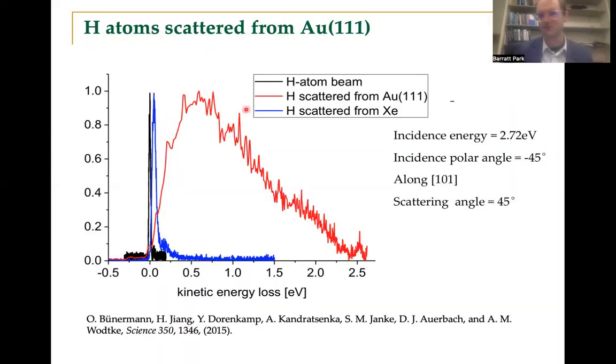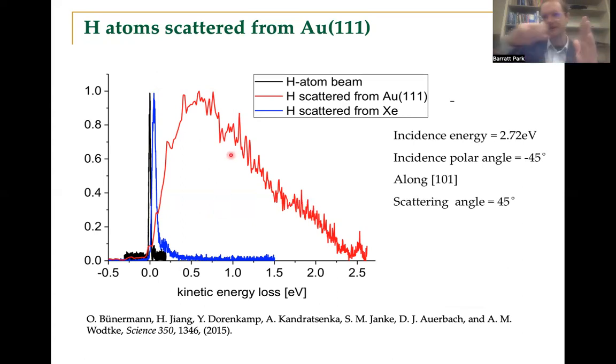And so, in fact, what's taking place is the hydrogen atoms are able to couple to the electronic degrees of freedom of the metal surface. And as the hydrogen atom collides with the metal surface, via non-adiabatic dynamics, it's able to transfer part of its kinetic energy to the surface by exciting electrons from the surface into excited electronic states.